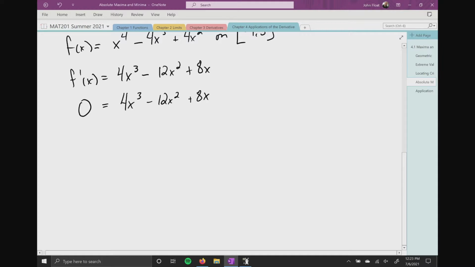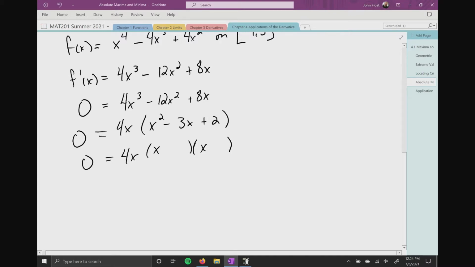So setting it equal to 0, I could factor out a 4x. That's going to leave me with x squared minus 3x plus 2. Now I can factor the trinomial inside the parentheses. I am old school when I factor this. I always copy down the first two terms, x and x.